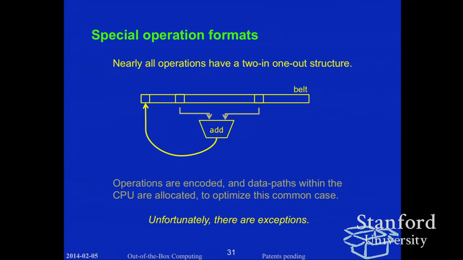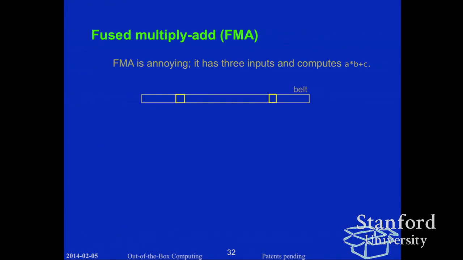Unfortunately, there are operations that are exceptions to the 2 in and 1 out rule. One of them is fused multiply add. It has 3 inputs and computes A times B plus C. Well, you might think you could do that.